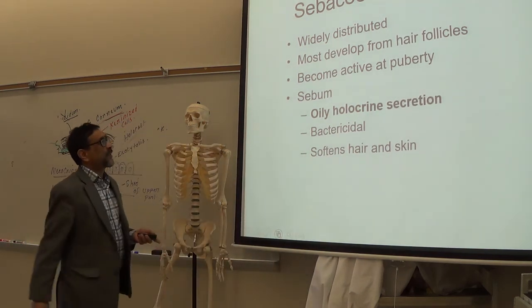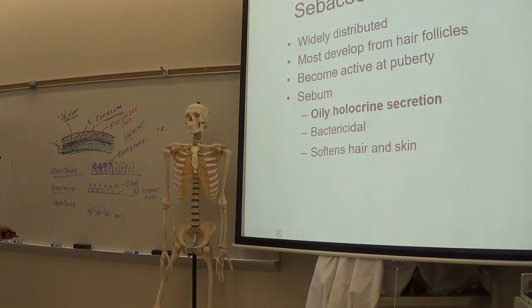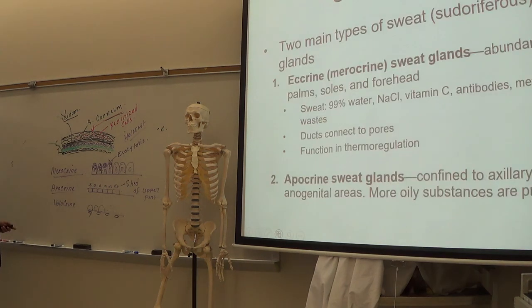So those are three glands. Now let's go back. Eccrine glands cause secretion by merocrine. You see here how the eccrine sweat glands cause secretion? This way. That's why they are also called merocrine.